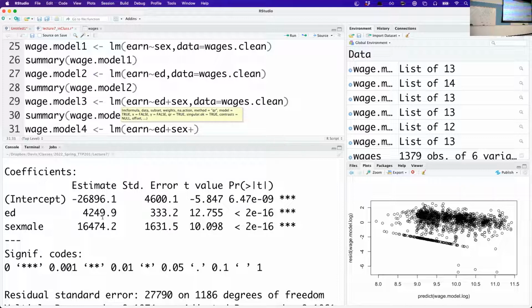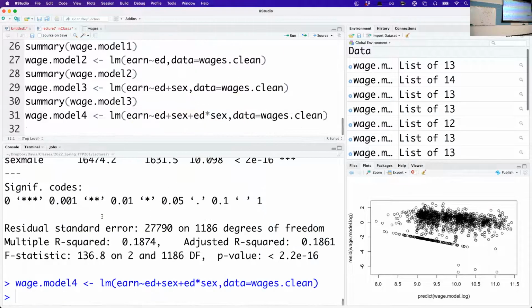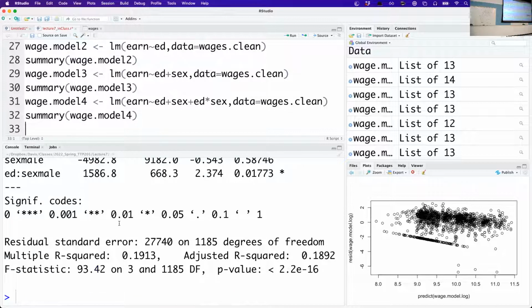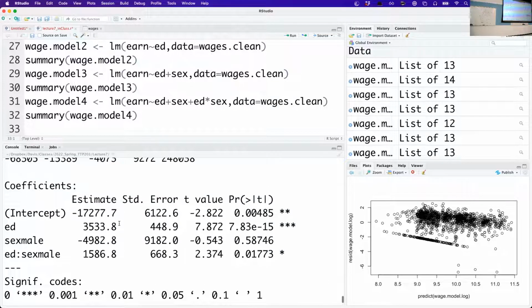So the way that you can do an interaction variable is pretty straightforward. You just multiply these guys together, write it in the regression equation like so. And let's take a look at this. Okay, so we now have this extra interaction term. So what does that look like?